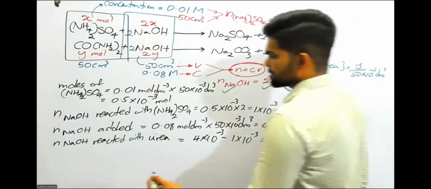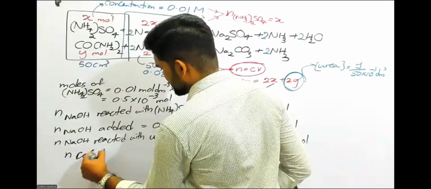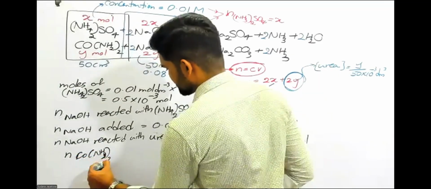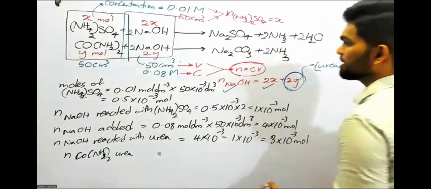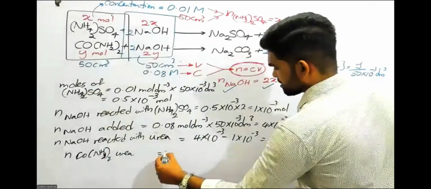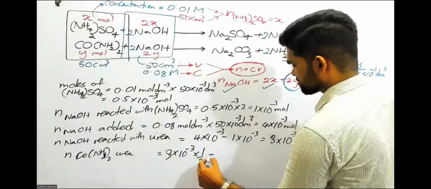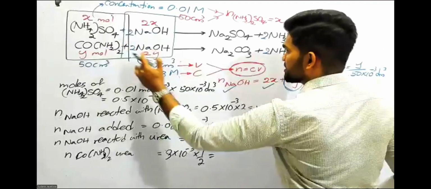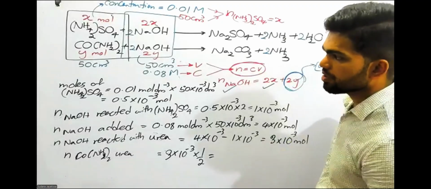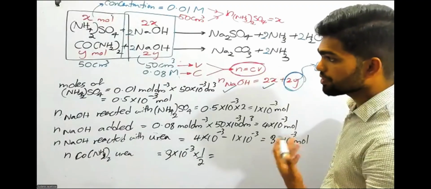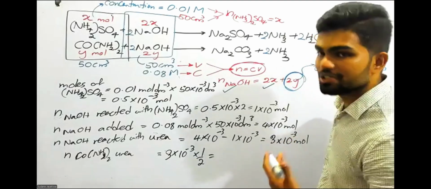So since the molar ratio is 1:2 again, we can find out moles of CONH2 twice or urea. Okay, so it will be half of this value. 3 into 10 to the power minus 3 into half. The ratio is 1:2. So if you have 2 moles of sodium hydroxide, you will be having 1 mole of urea. If you have 3 moles of sodium hydroxide, you will have 1.5 moles of urea.